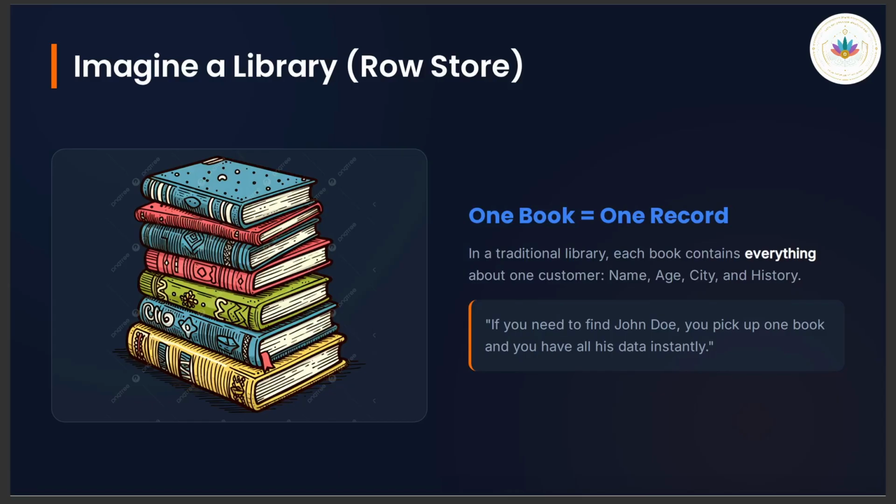Because everything about one customer is bound together in a single book, this layout is incredibly efficient. If a customer walks into your library and says, "Hey, I need to update my phone number," you grab their book, flip it open, change the number, and snap it shut. In the database world, this is exactly how row storage works. On the physical disk, all attributes of a single row are stored sequentially, right next to each other.